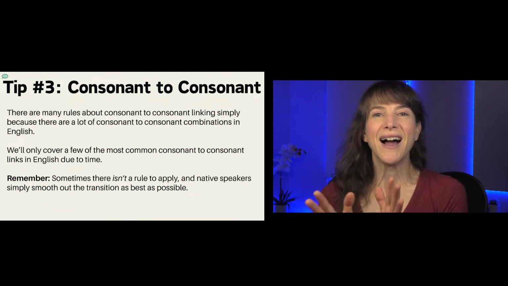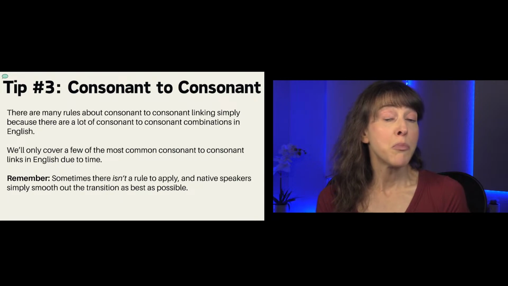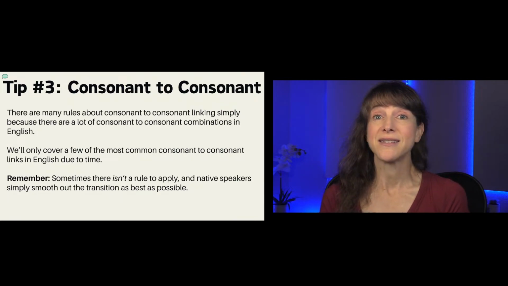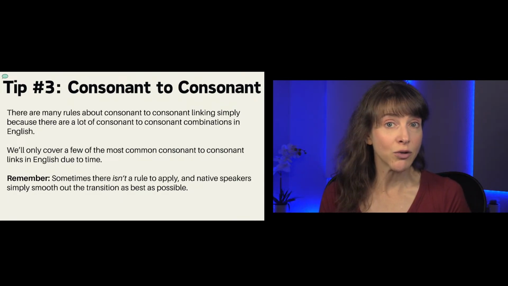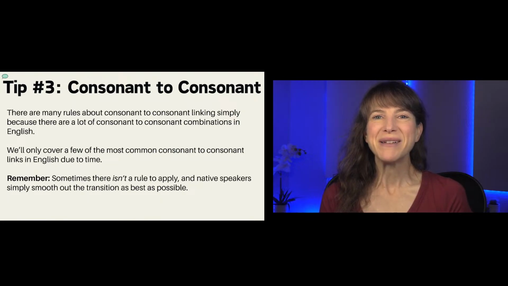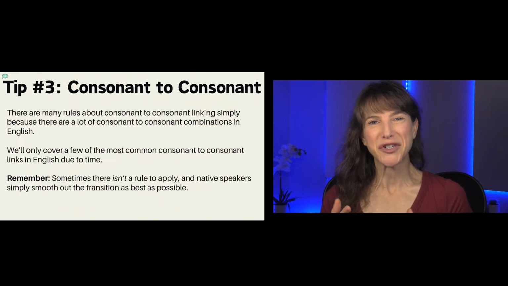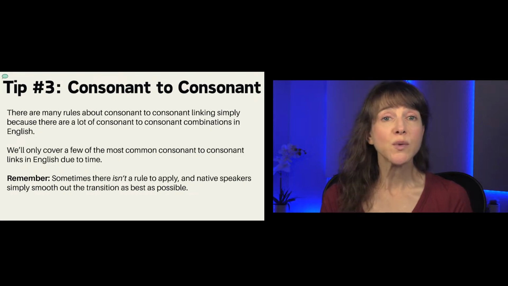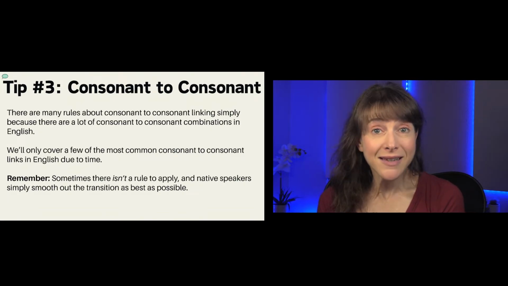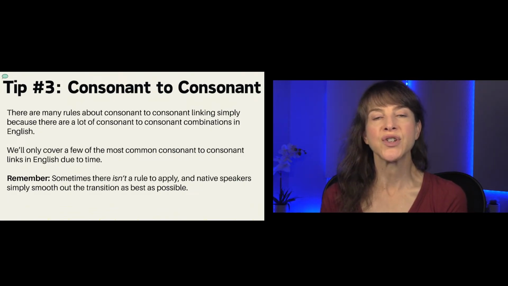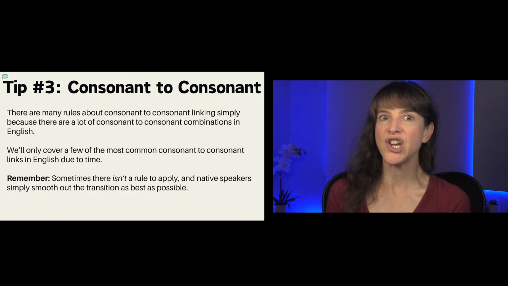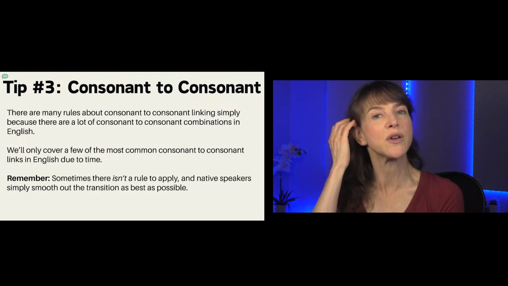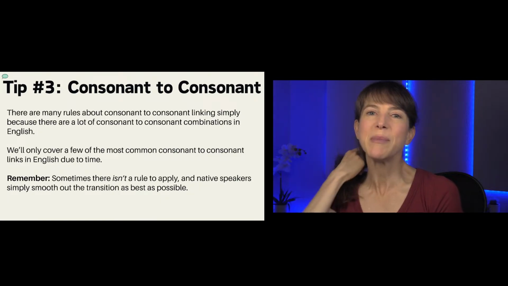Just believe me, there are more things that can be happening here in this consonant to consonant linking area. But we'll do our best to cover the most common ones. And also remember that sometimes there really isn't a rule to apply. There's not a trick. That changes to the flap, and that's how native speakers are doing it. There's maybe not a trick here.